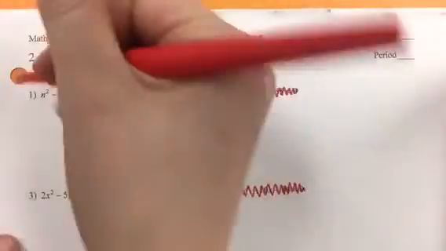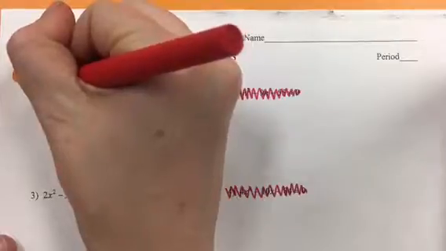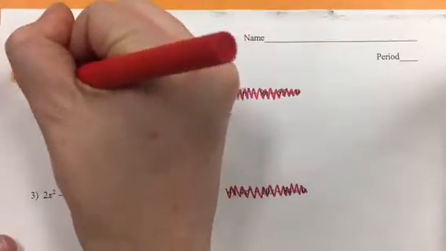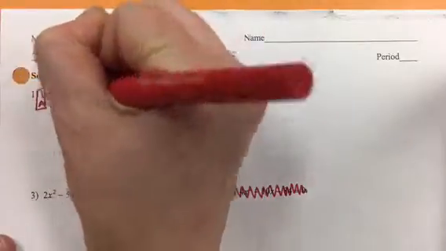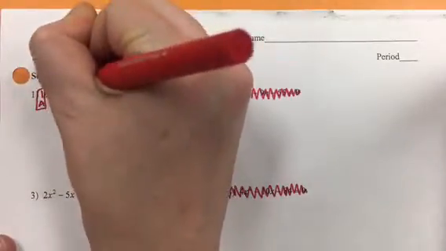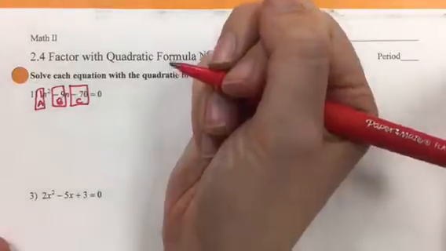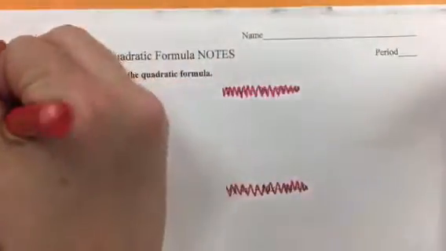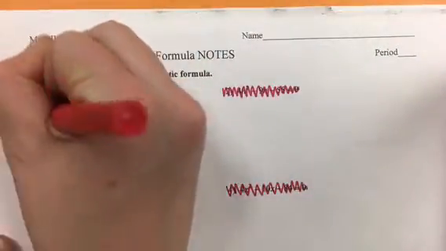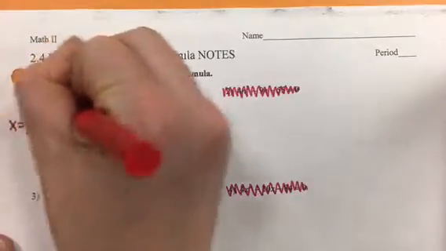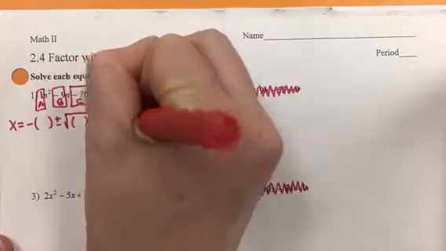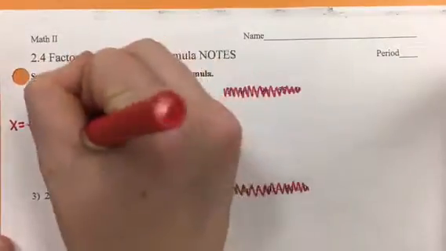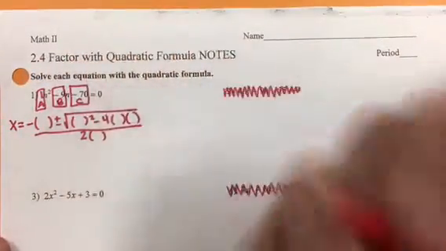With the quadratic formula, we know that this first one is going to be a, our second number is b, and our third number is c. The quadratic formula is x equals negative b plus or minus the square root of b squared minus 4ac, all over 2a.